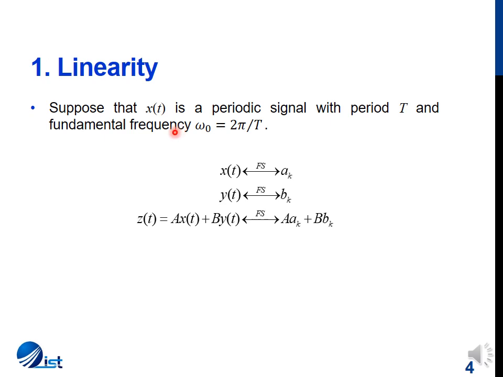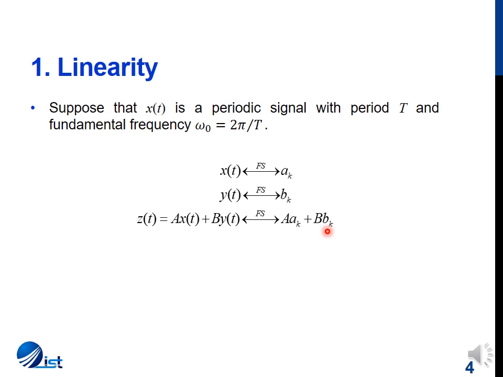If we have a periodic signal x of t with period T and fundamental frequency omega naught equal to 2 pi by T, expressed through Fourier series coefficients a of k, and y of t is another periodic signal with period T expressed through Fourier series coefficients b of k, then in the time domain, if both of these signals are added and multiplied by some constant coefficients, the Fourier series coefficients of this composite signal will be capital A into a of k, the coefficients for x of t, plus capital B into b of k.